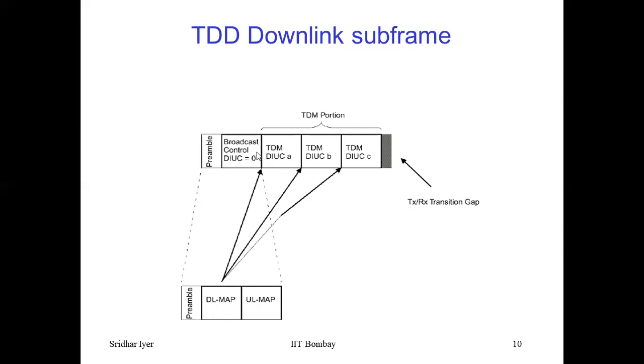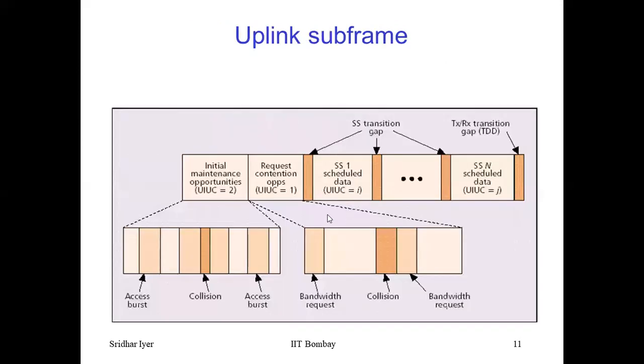Remember, the broadcast control, the downlink preamble is equal to 0. TDM DIUC A, TDM DIUC B, TDM DIUC C. That is, the DL map and UL map show the parameters here. The TX and RX transmission gap is there.